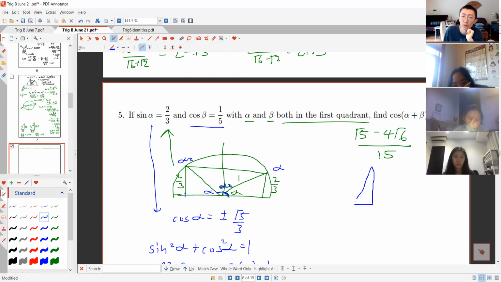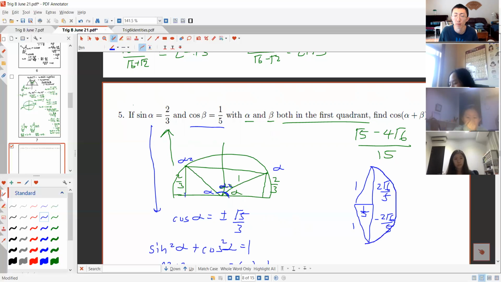You could be in the first quadrant or the fourth quadrant, because you could have 1/5, 1, and then this could be 2√6/5 or negative 2√6/5. So there's two possibilities for the sign of beta if we're not told that beta is in the first quadrant.